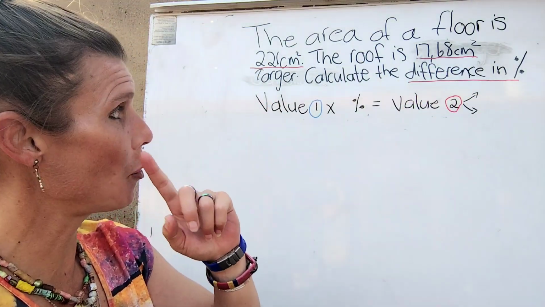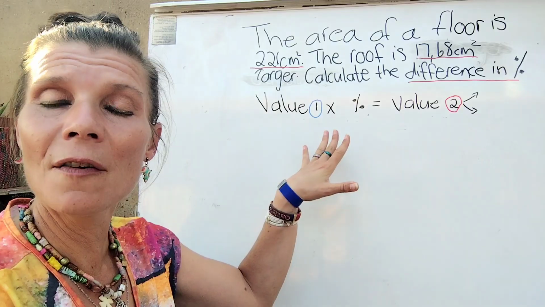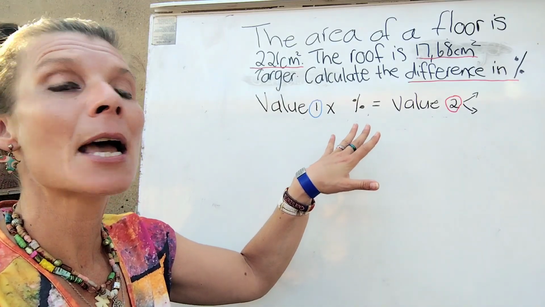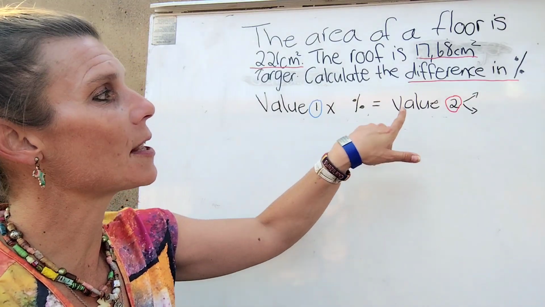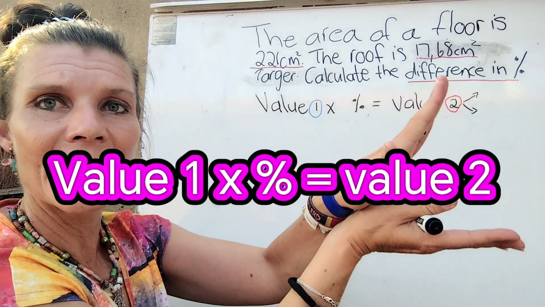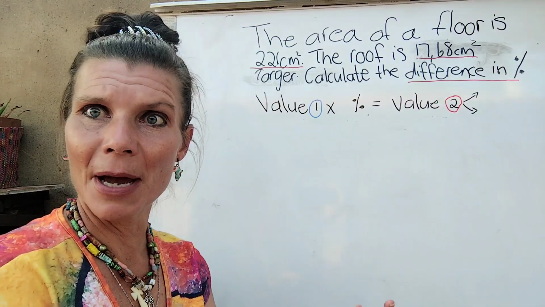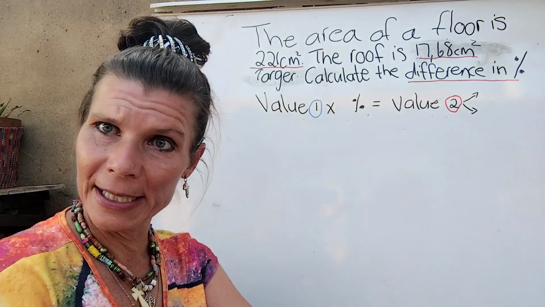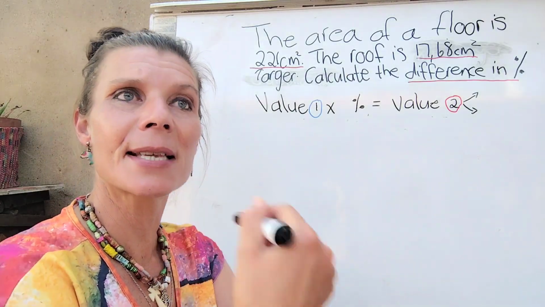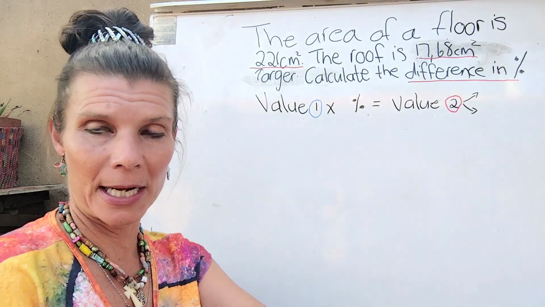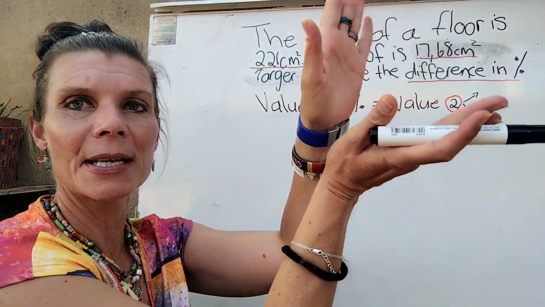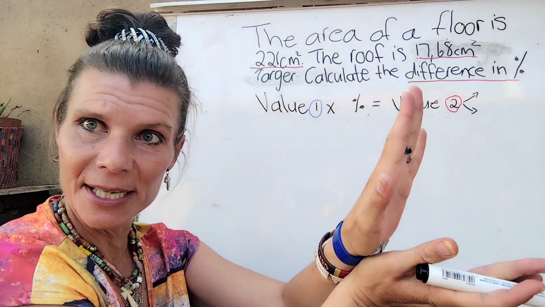Now let's see what's my formula. The value of 1 times percentage equals the value of 2, whether it increases or decreases. Easy to remember.